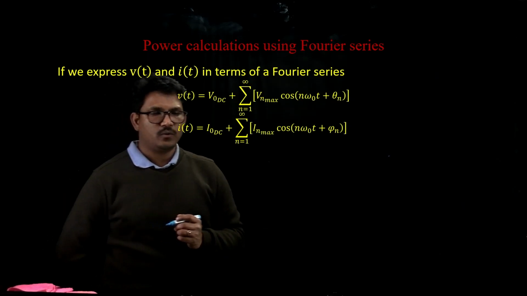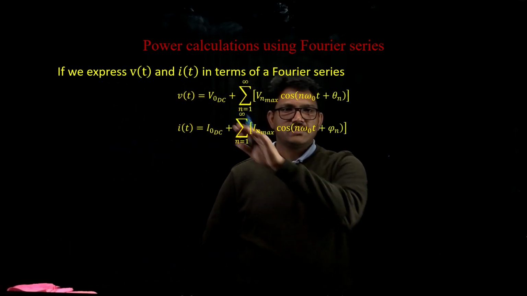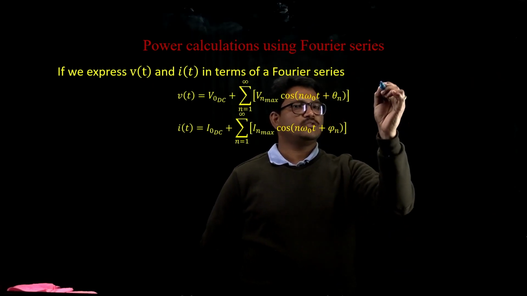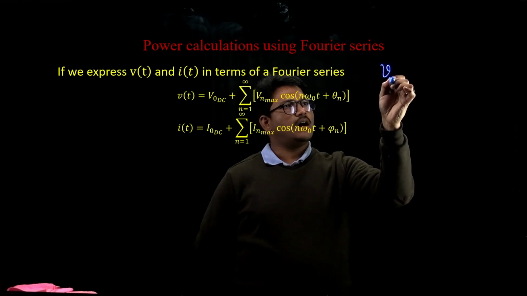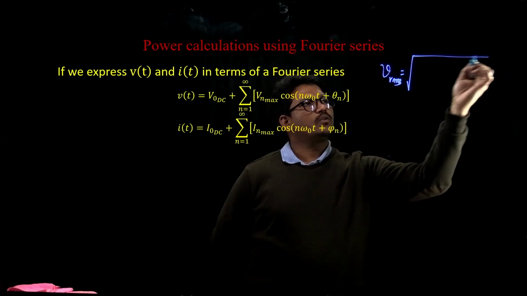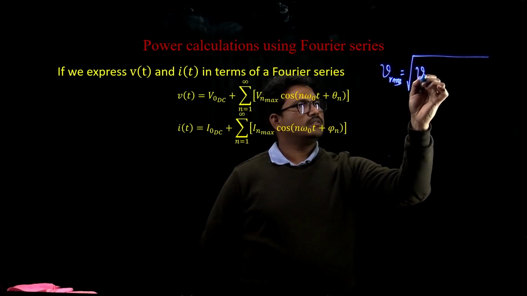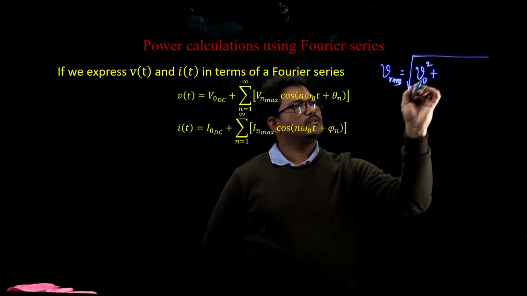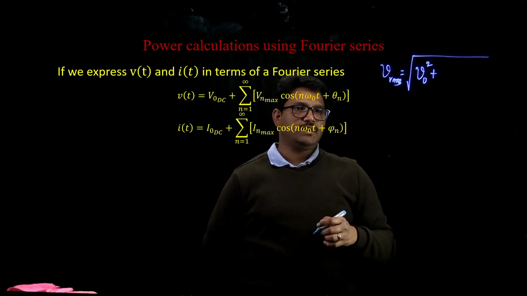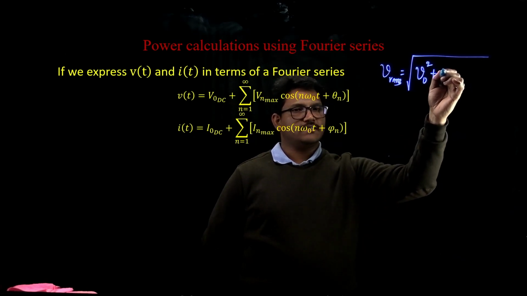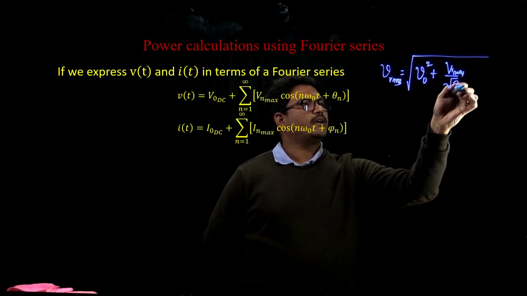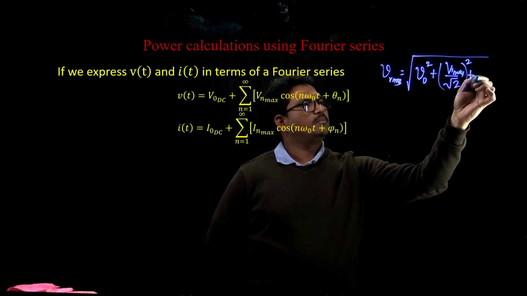If you look at this voltage expressed in terms of a Fourier series, the RMS value V RMS is equal to the square root of V naught square plus V1 maximum by root 2 whole square, plus and so on.